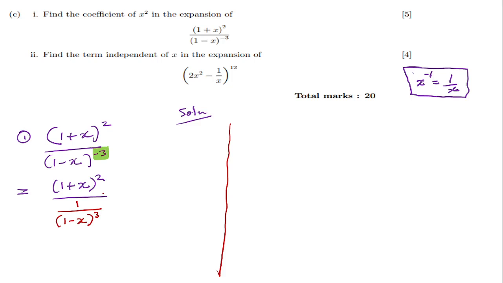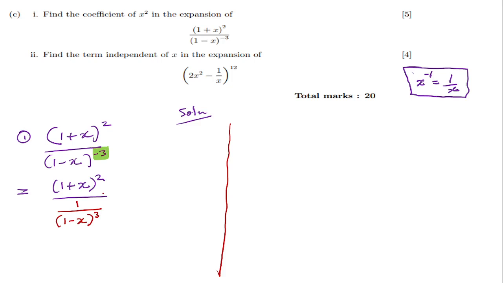Same applies here. When you change this, it will give you (1 + x)^2 divided by 1 over (1 - x)^3. This is what you have.